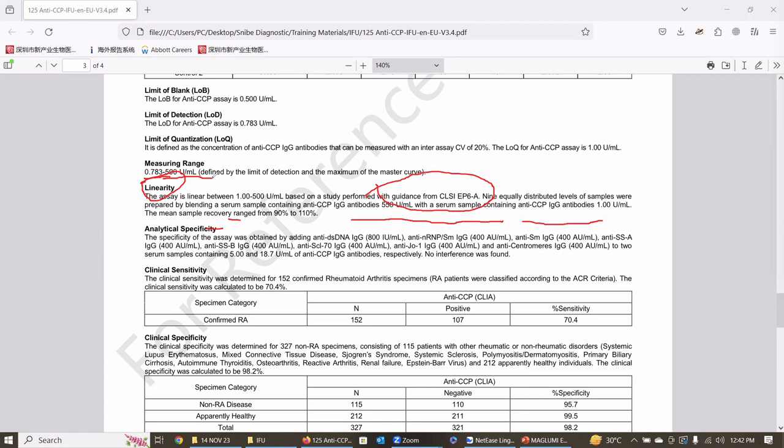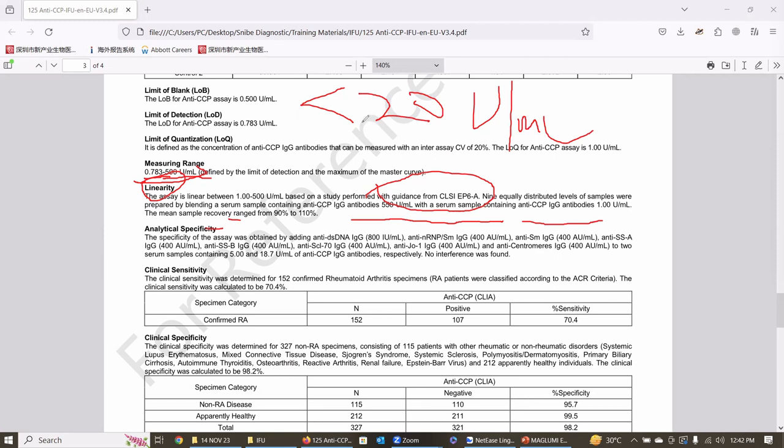But the other competitors like Roche and Abbott also have a U per ml unit, but the problem is they are using a cutoff value like less than 20, right? We are giving you a measuring range along with the reference range for the anti-CCP normal reference range. They are just given a cutoff.